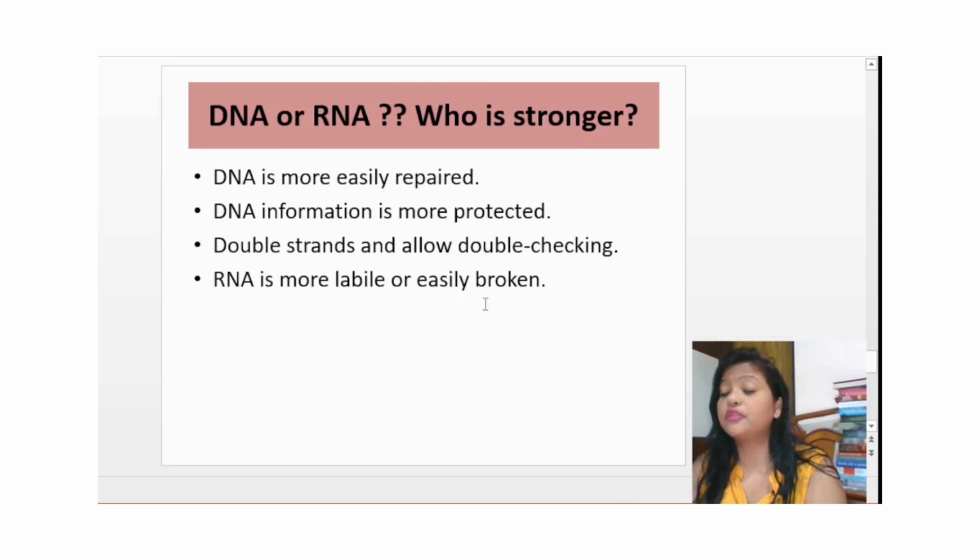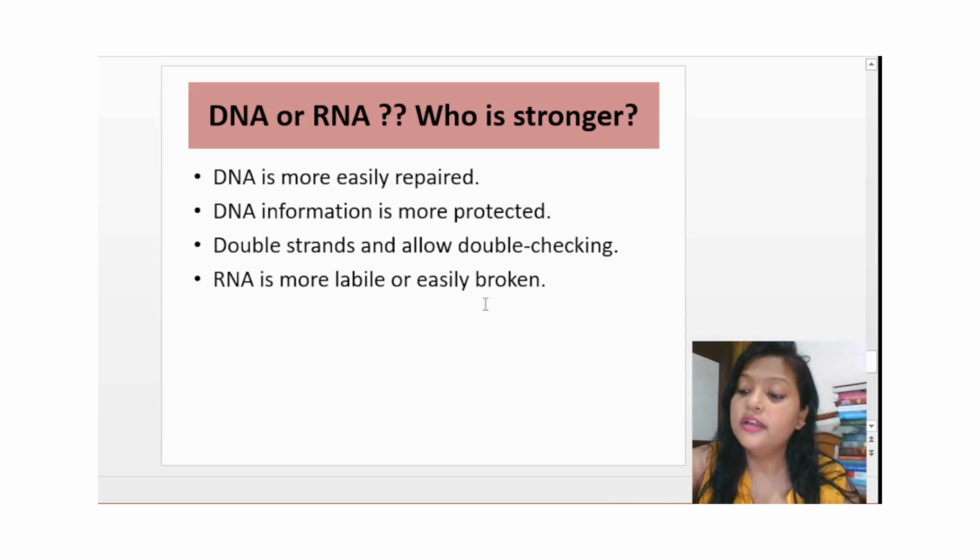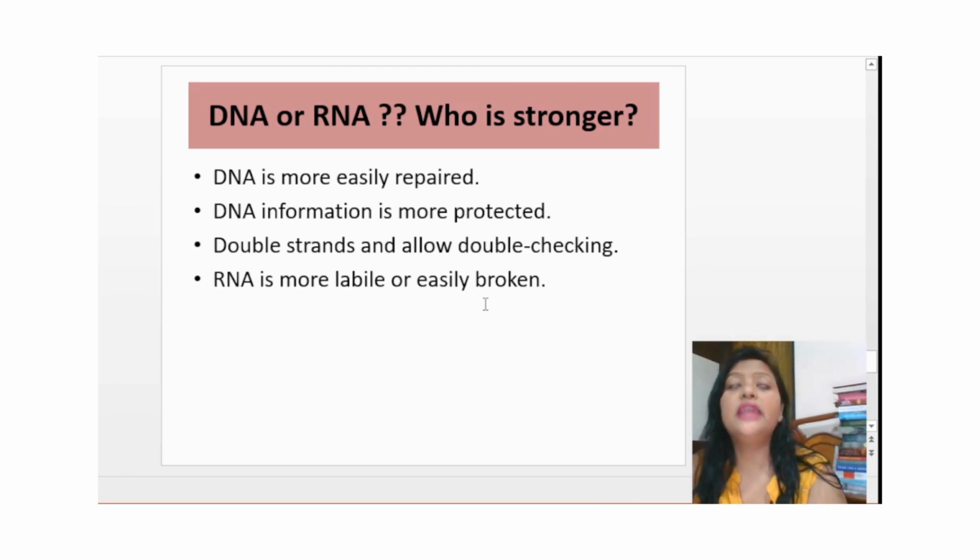Now, if a question comes, DNA or RNA, which is the better genetic material or which is stronger? Which genetic material is better, we cannot say, because both contain genetic information and they are present in different organisms. But among DNA and RNA, which is stronger? DNA is stronger, because first of all, RNA is very labile. It is more labile than DNA and can be easily broken.